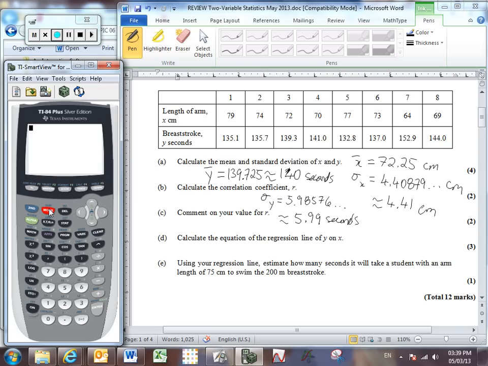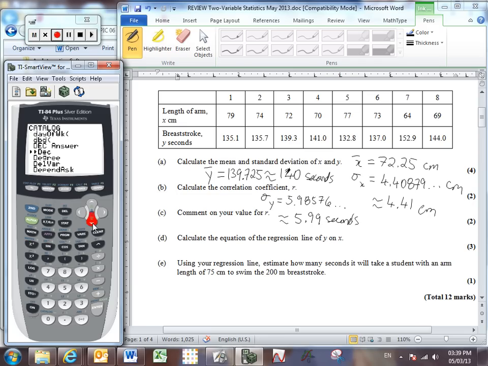Those of you that don't see that menu will have to press second 0 to enter the catalog, you're going to have to scroll down to option D, and why haven't I managed to go to option D? Oh, I've gone too far, sorry. Option D. There we go.